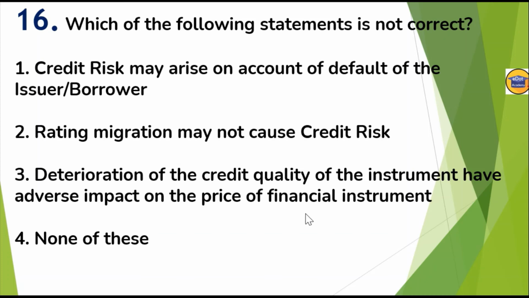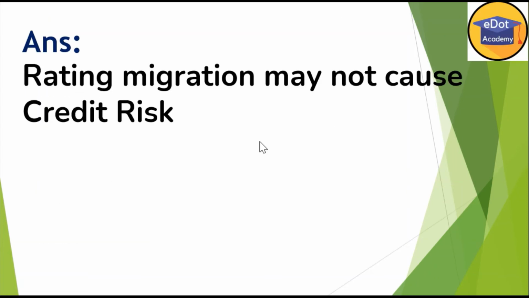So you have to tell me which is not correct. The first option is correct, because credit risk may arise on account of default of the borrower. Rating migration may not cause credit risk, this is the wrong statement. Rating migration may cause credit risk. Okay, so option 2 is correct here.